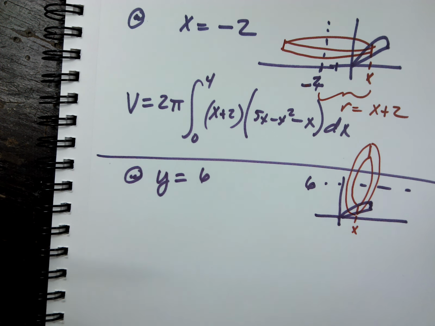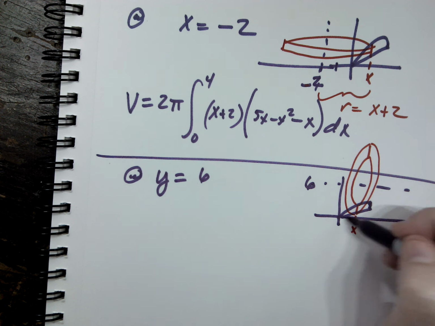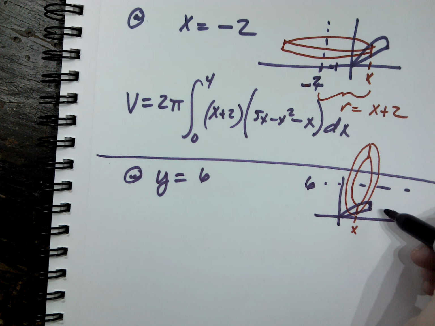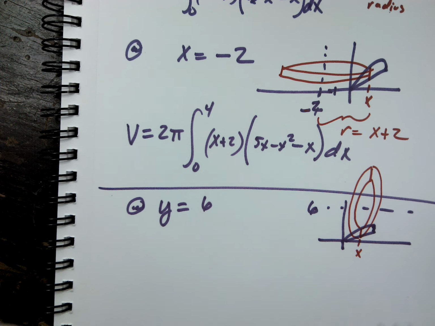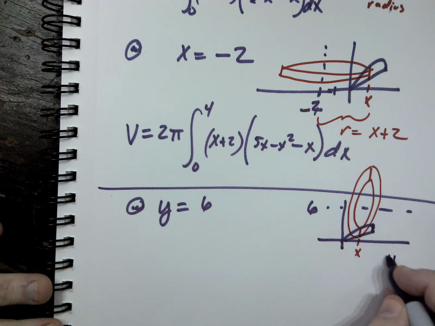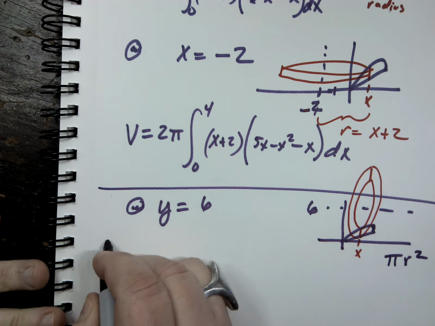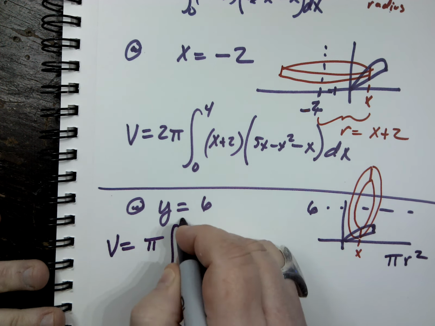So notice the outer circle here is generated by the lower function, because if I'm rotating around something above my region, the one farthest away from the line is going to be the outer circle. I realize I'm making all these hand gestures and nobody sees it. It's kind of silly. Anyway, so it's a disk, so we're dealing with pi r squared. So my volume is going to be pi times the integral from 0 to 4.